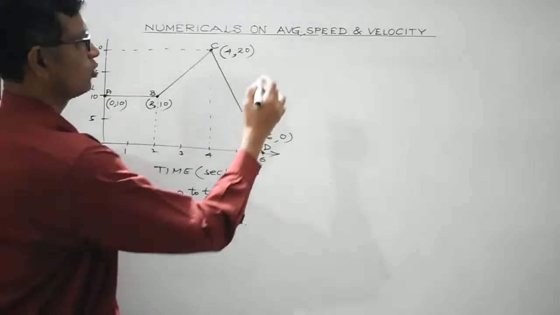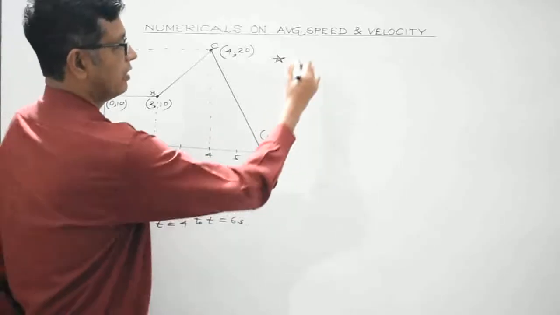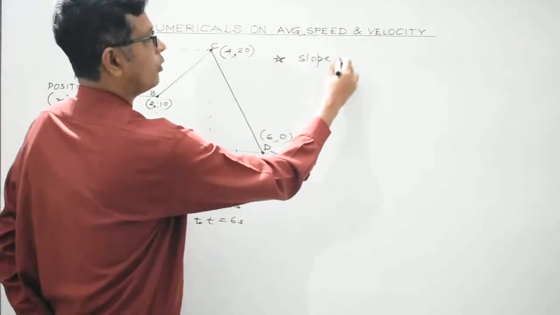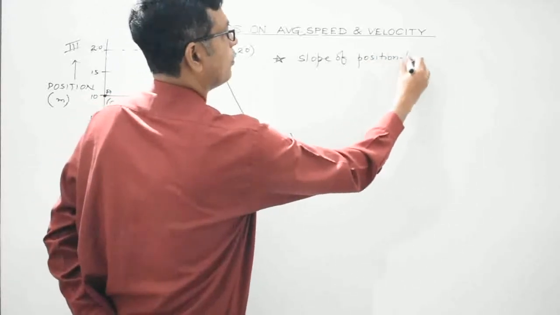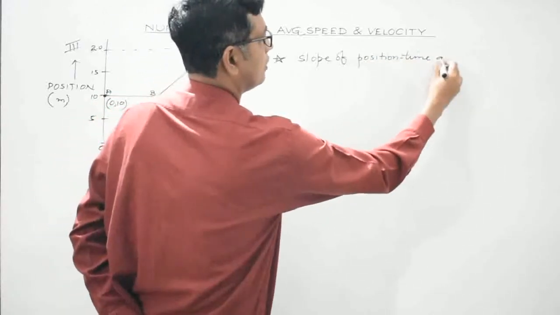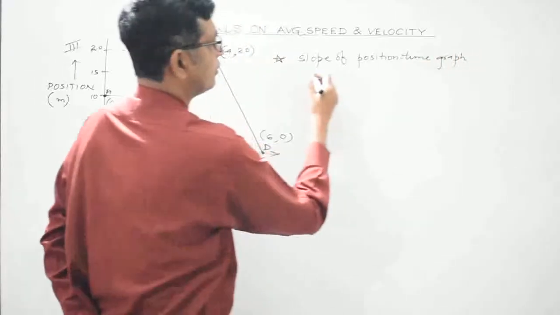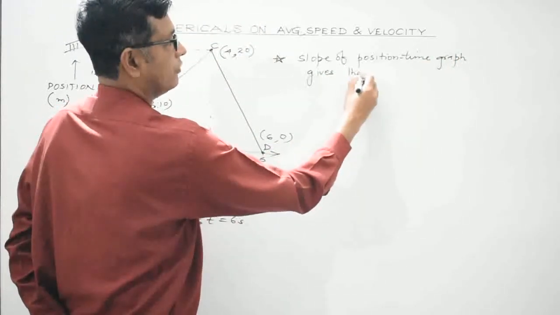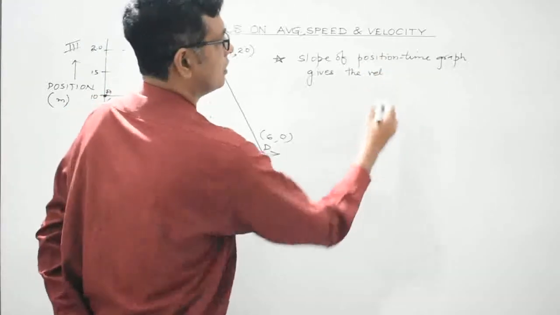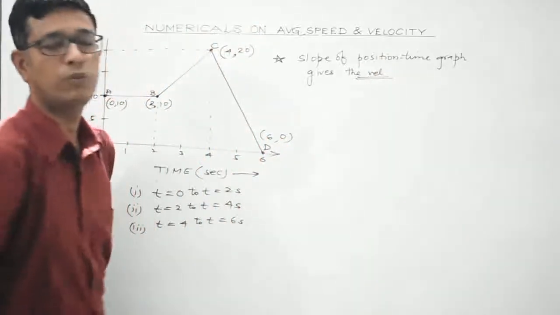Second step is the most important one. We are aware the slope of position time graph gives the velocity. This is a crucial and important point.